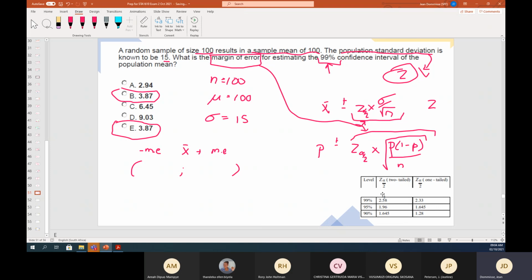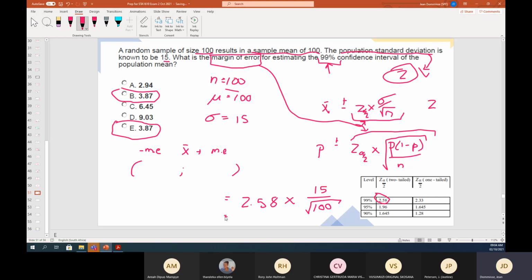So we know the Z for 99% is 2.58, times the standard deviation of 15, divided by the square root of 100.